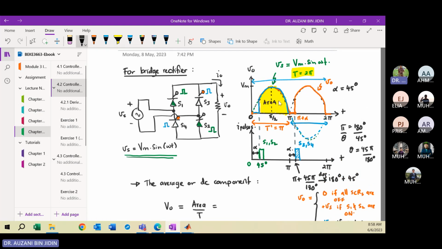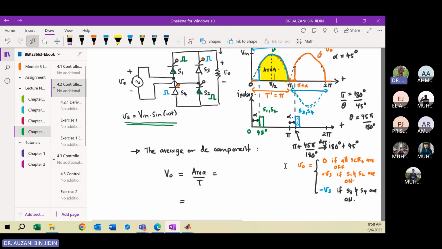Here you need to calculate the area, this area I highlight with the yellow color, above the time axis. How to calculate the area? Where your T now is pi, you need to integrate, and to calculate the area, you integrate from what? Alpha to pi, right? This point is alpha.